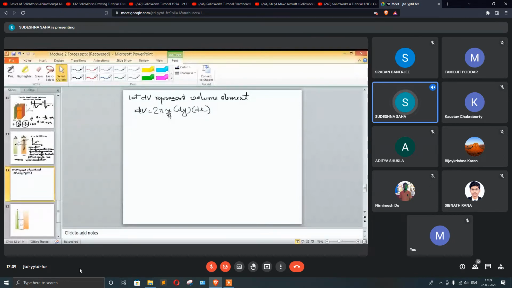And also we try to define rho 2 and rho 1 as the densities, and M1 as the molecular weights.